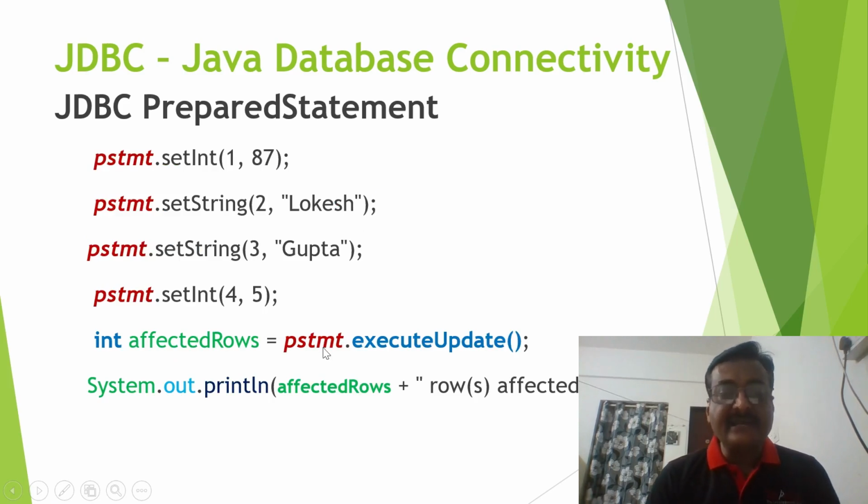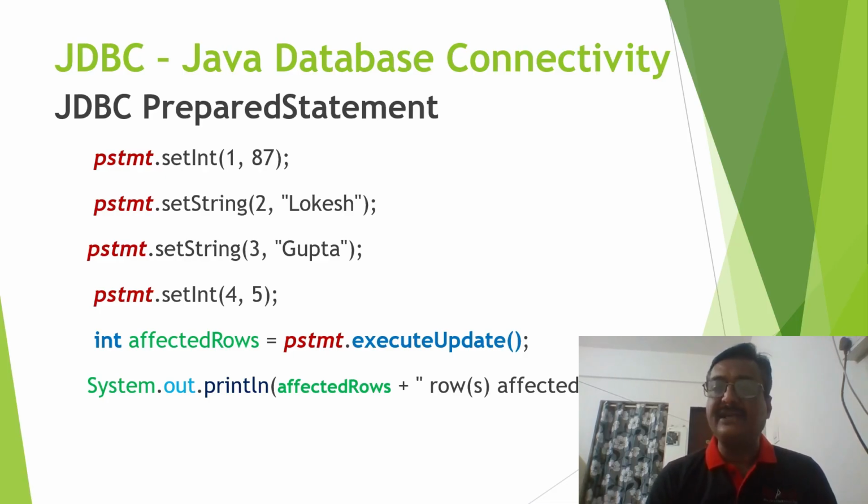And at the end, you will say preparedStatement.executeUpdate. That will simply execute the insert query with the new values, and it will insert a new record. In place of insert, if you have used some kind of update query, the number of rows will be counted. So PreparedStatement will return how many rows it has affected.